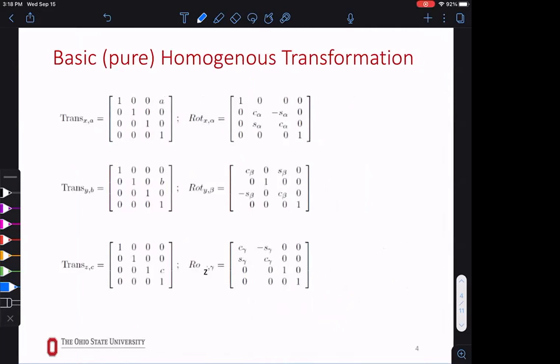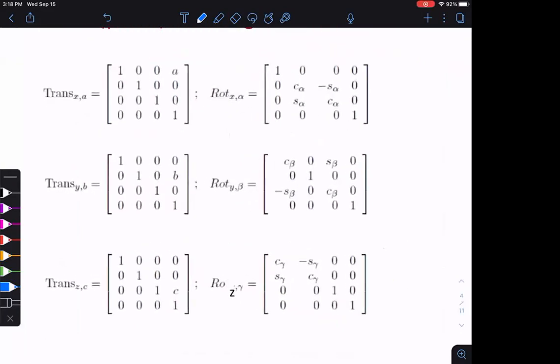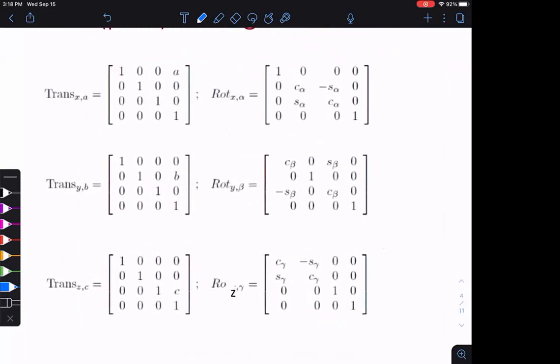Now, if you look at translation about the X-axis for A, if we are only doing translation, what is the rotation? If one frame is translating along the X-axis of A, what was the rotation that happened here? Zero rotation, the identity matrix, right? So this first 9 represents an identity matrix.